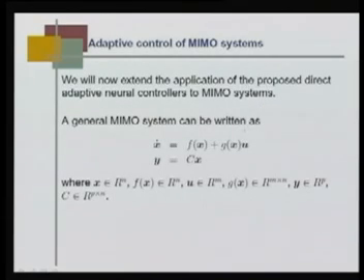A general multi-input multi-output system can be written as x dot is f x plus g x u and y is c x.